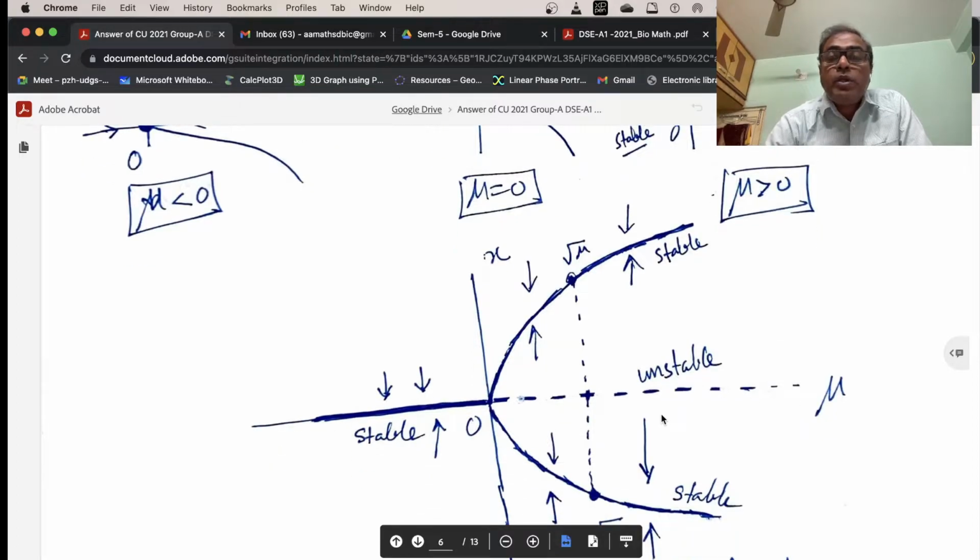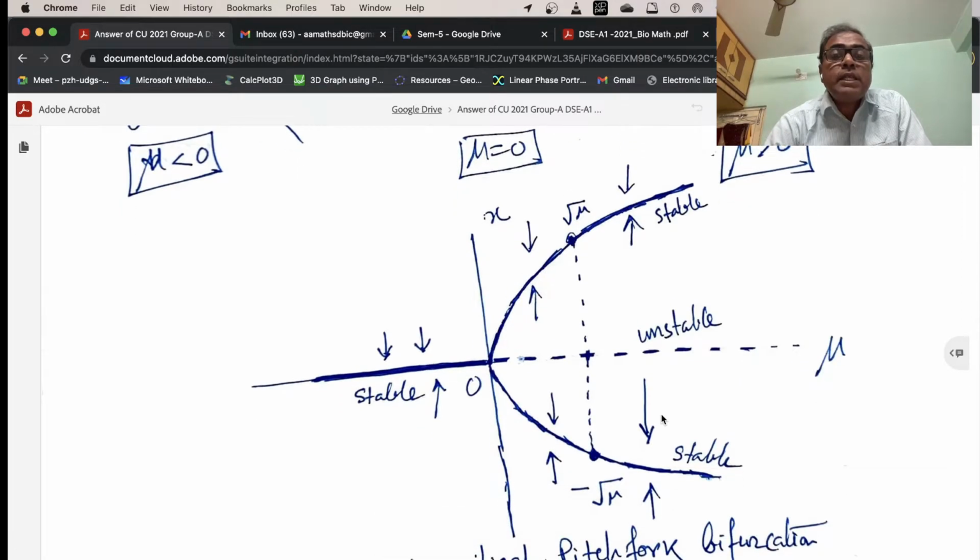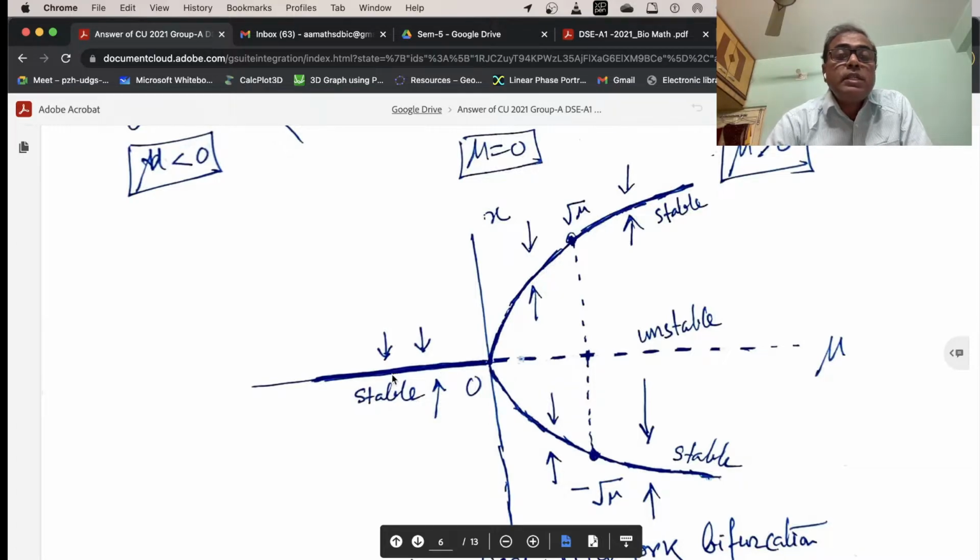And we draw the mu-x plane. Mu is the horizontal axis and the vertical axis is the x axis. When mu is negative, this is the stable equilibrium point, and this is the only equilibrium point, x equal to 0, which is stable when mu is negative.